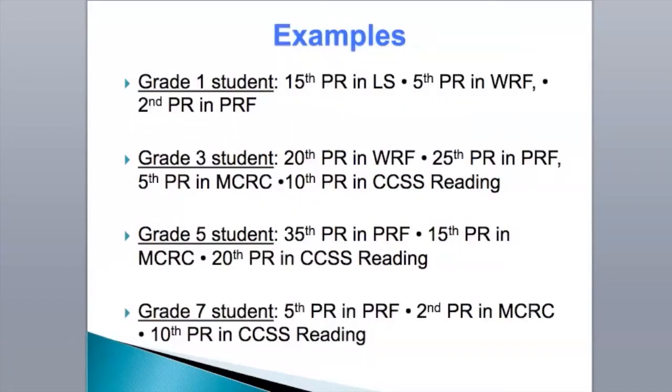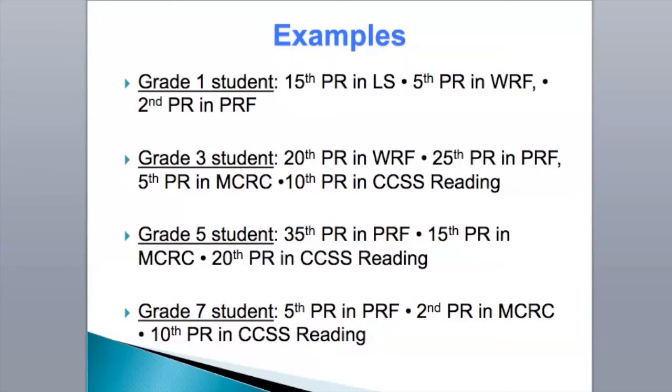In this last slide, we have a number of examples where students from various grade levels have performed. In this grade 1 student, you will see very low performance on word reading fluency, WRF, and passage reading fluency, PRF. They are so low that in fact letter sounds may be the most sensible measure for progress monitoring because they're at least at the 15th PR or percentile rank.